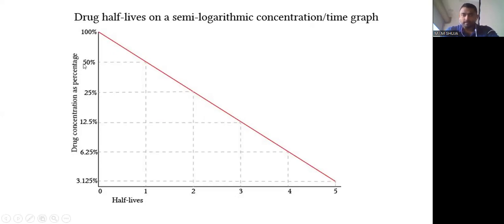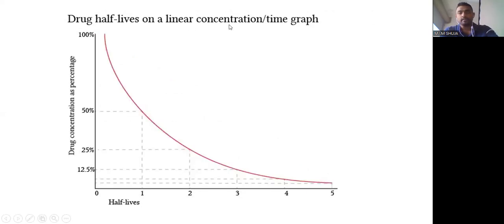Even though this amount is different, the gap looks the same because it is semi-logarithmic. You have to know this graph and you should be able to draw this, because there are a few other things like kinetics, so we may ask you to draw this in your exam.